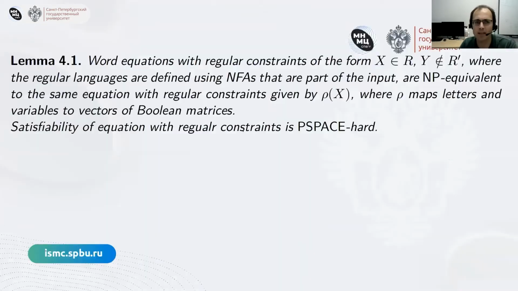This can be formalized as a lemma, saying that if we have word equations with regular constraints of this earlier form, defined by some non-deterministic finite automata, then this is NP equivalent, meaning that there is an NP algorithm which transforms them to the same equations in which the regular constraints are given by specifying the transition matrices for the substitution for x.